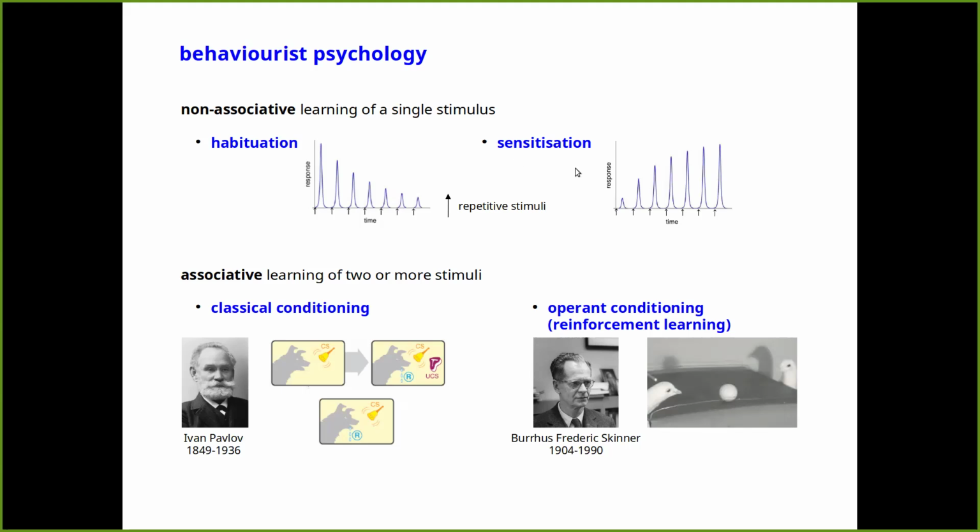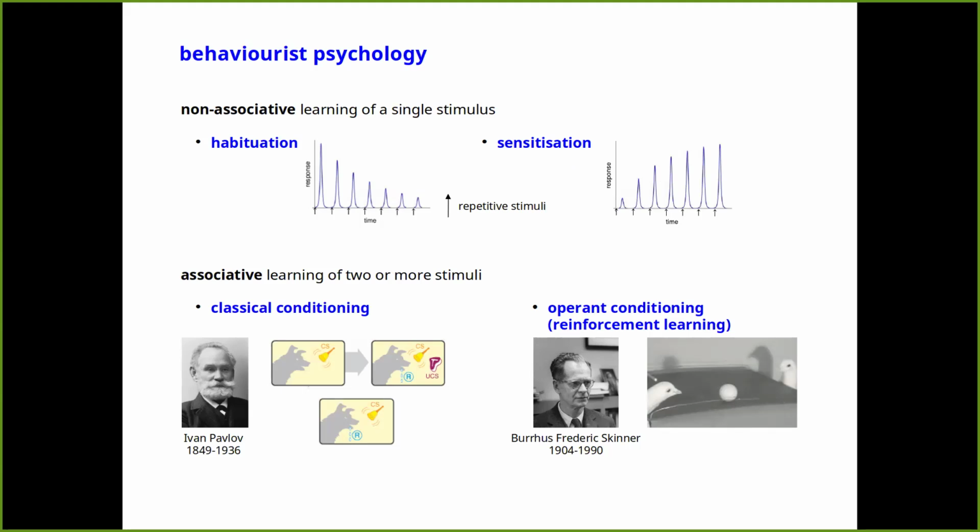And there's sensitization, which seems like the sort of converse to it: you get a repetitive stimulus and become more and more responsive to it. And it's easy to think that these are converse to each other, but I think that maybe is a bit misleading, that sensitization is a different kind of thing to the converse of habituation.